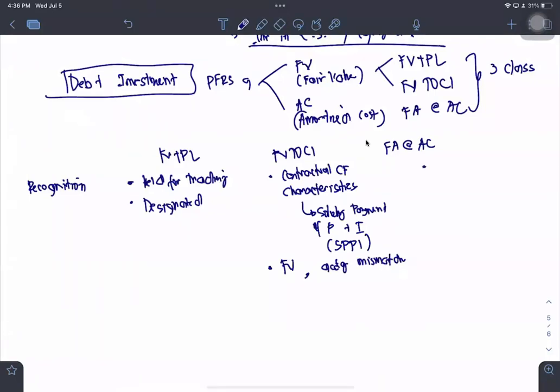While in your financial asset at amortized cost, it is solely collection of contractual cash flows. So in your FVTOCI, therefore, it is both contractual cash flows plus measurement at fair value.